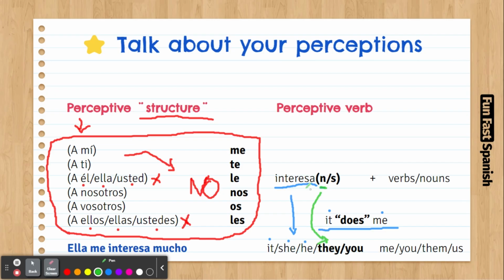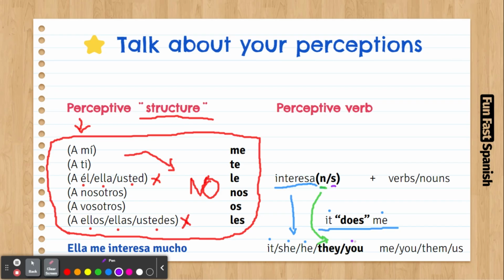So when you're interested in something that is third person plural, or just plural in general, you're going to use the N. Now, if you're interested in something that is second person, we are going to use the S. Like, I'm interested in you, that will be me interesas. So I'm interested in you.